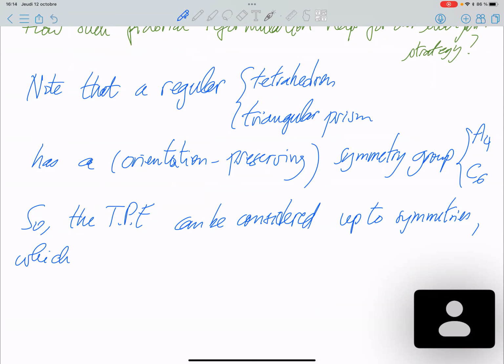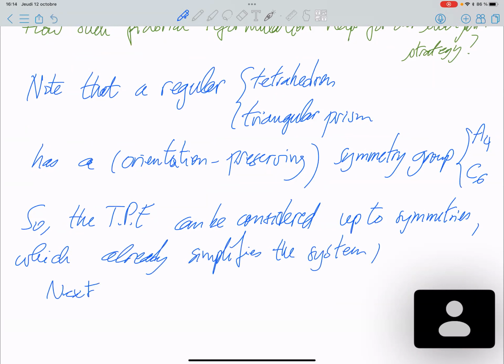So, which already simplified the system, but as I said, the main point is next.